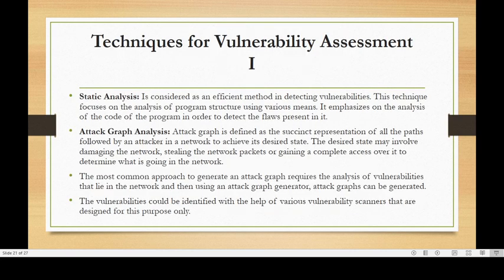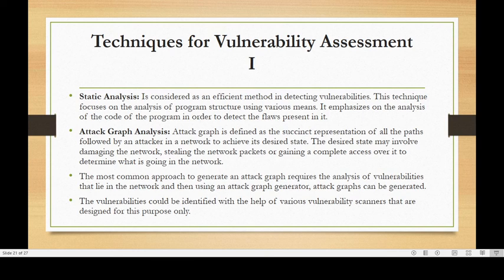Vulnerability assessment uses different techniques, namely static analysis and attack graph analysis. Static analysis is a fast and reliable technique which focuses on the analysis of program structure using various means.